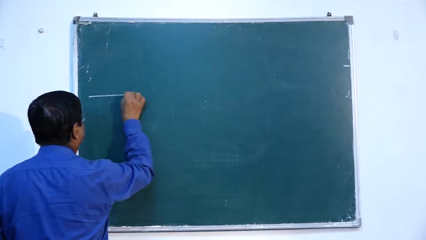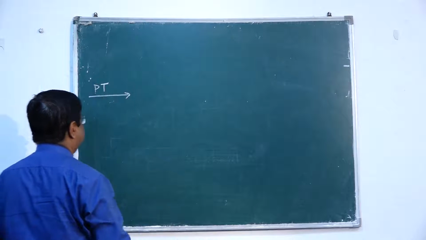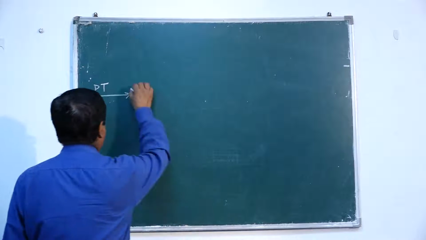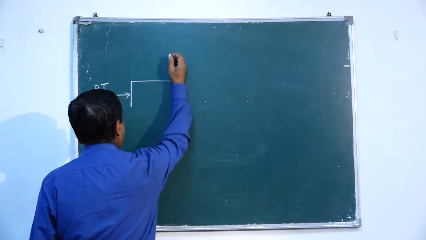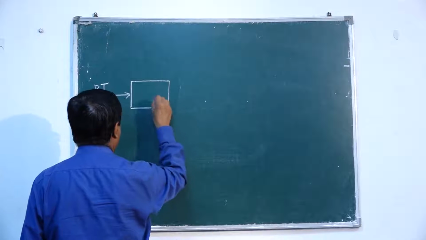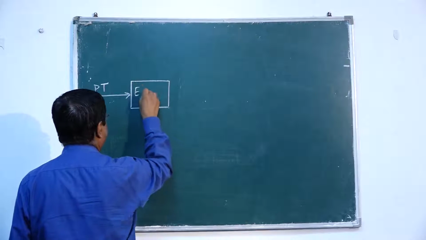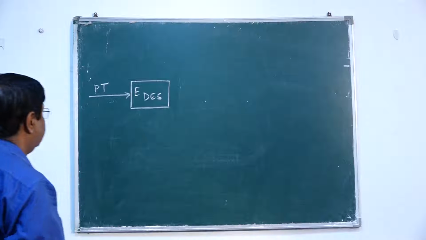As we know, this is the plain text of 64 bits. Now, here we perform encryption in the DES algorithm.